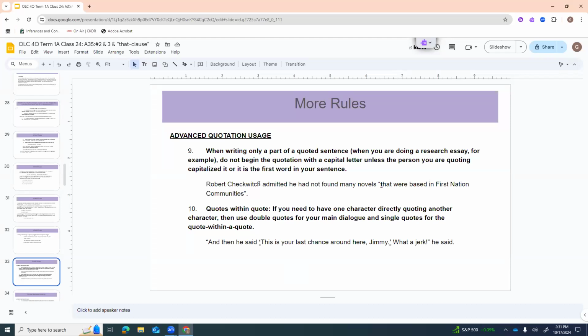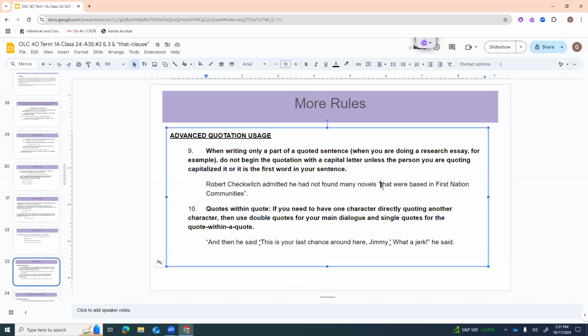So here I have, Robert Checkwich admitted he had not found many novels that were based in First Nation communities. And there's no capital there because it's not the beginning of a sentence. Now, I would normally put an ellipsis to show that there were some words before he said that, but that's just me.